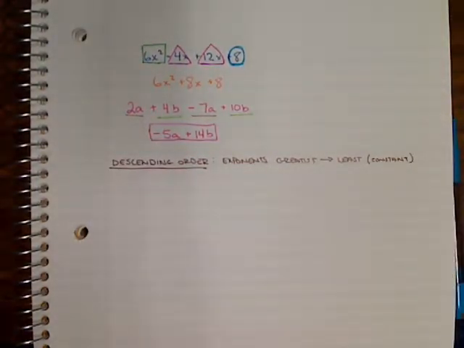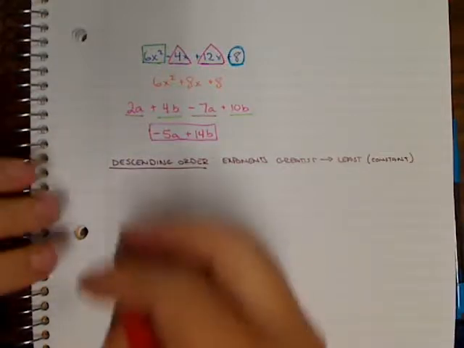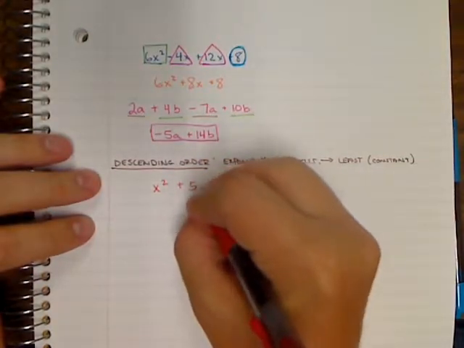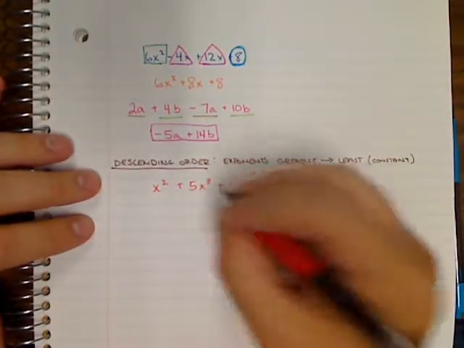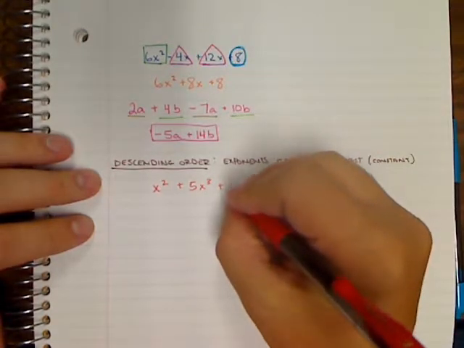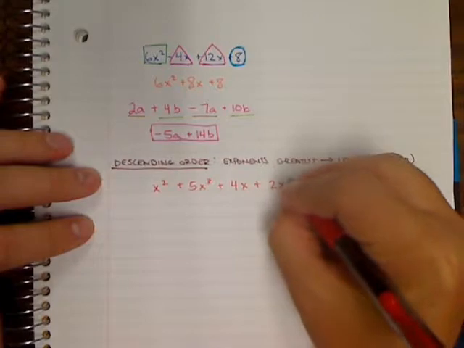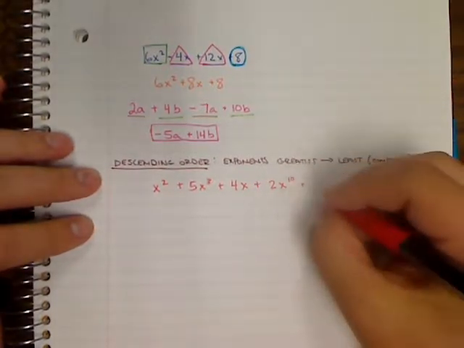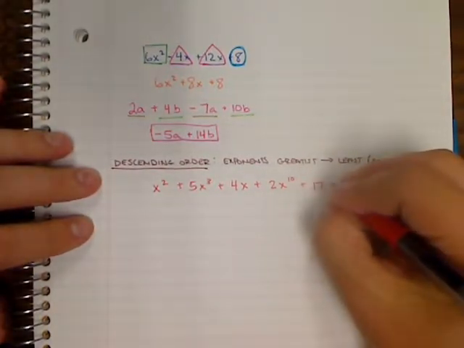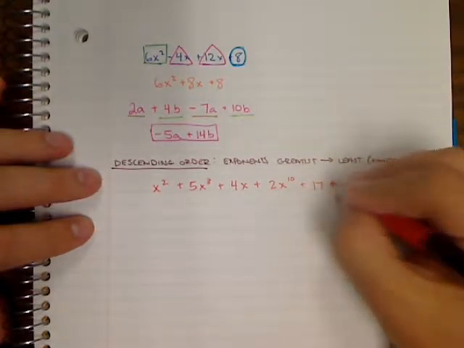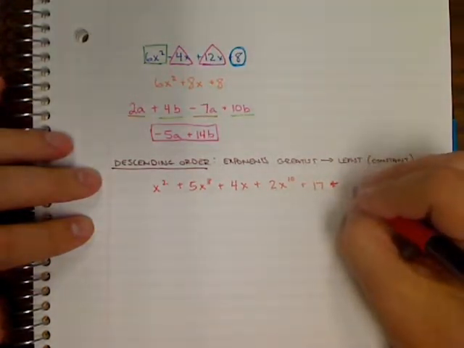Okay, so for example, if I had a problem that was like x squared plus 5x to the third plus 4x plus 2x to the 10th plus 17 plus, that kind of looks like an x, so plus, I don't know, just x to the 6th.